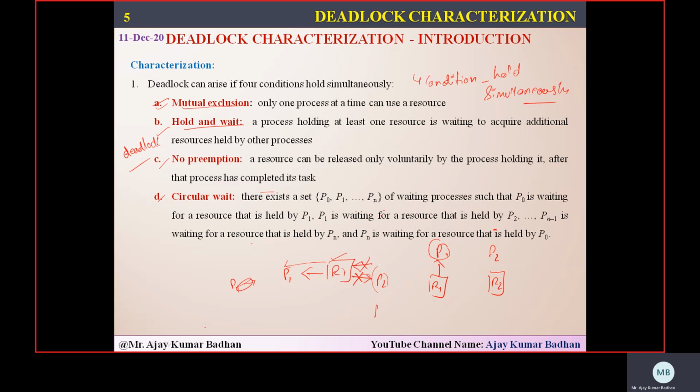This particular process is requesting another resource while he is holding at least one resource. That is what we mean by hold and wait. Whichever process is requesting a new resource should have at least one resource in hand. Then only we call that scenario hold and wait.